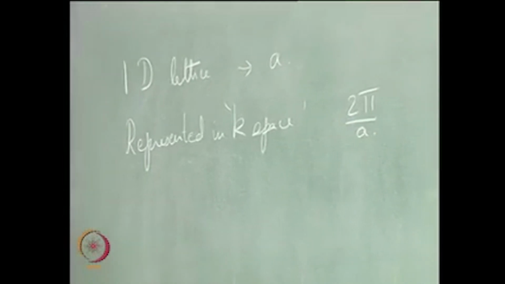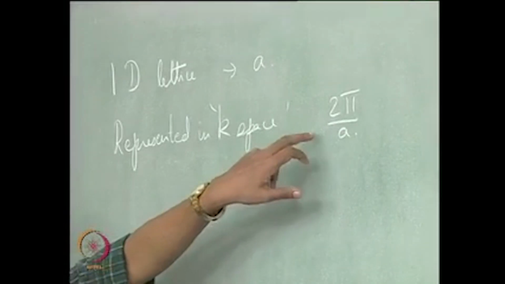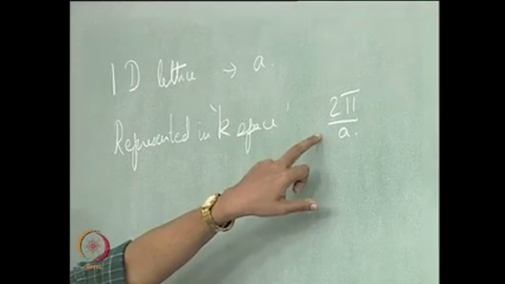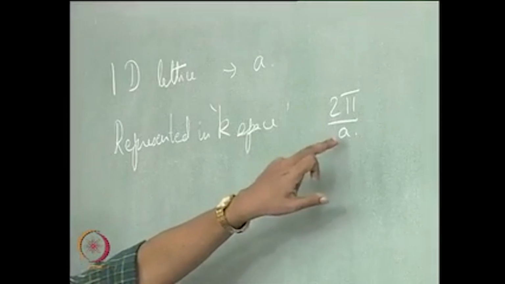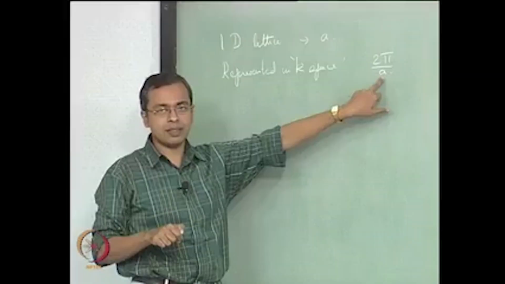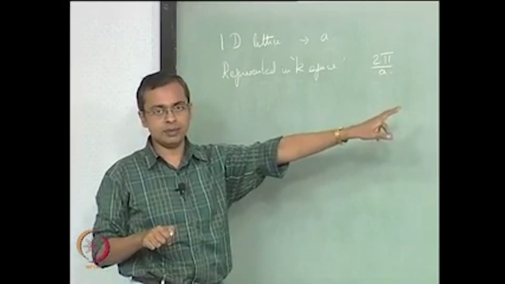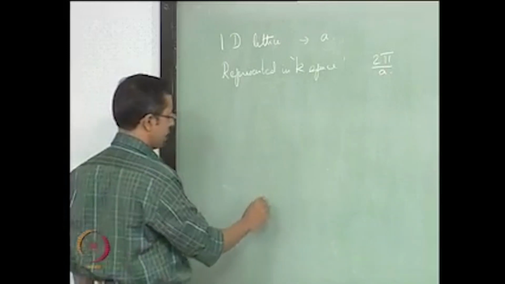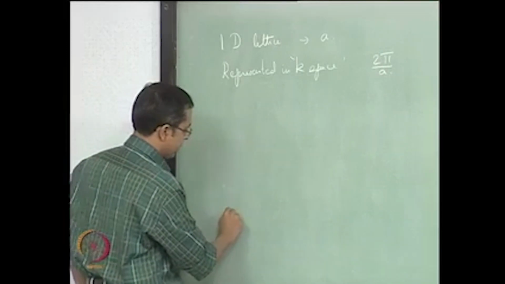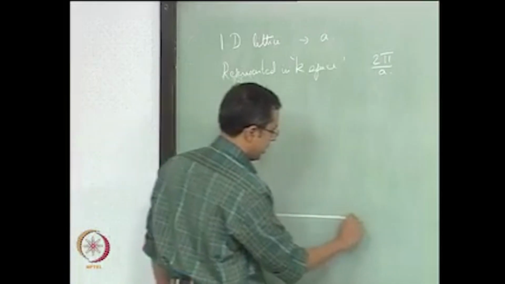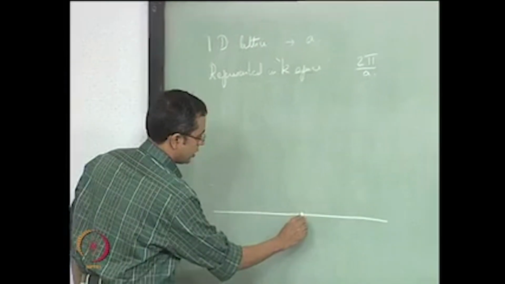Therefore, once you identify an origin for this K space, reciprocal lattice vectors occur at intervals of 2 pi by a. So we will plot that up here. We will just say that this is your scale axis, this is the origin.